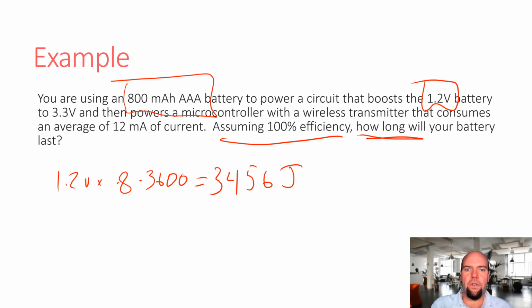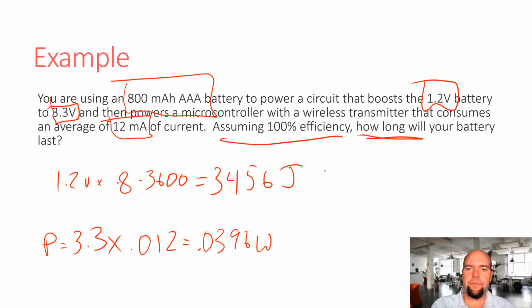So now we can just do a simple division. The time this is going to last is going to be the total energy, which is 3,456 divided by the power, which is 0.0396 watts.